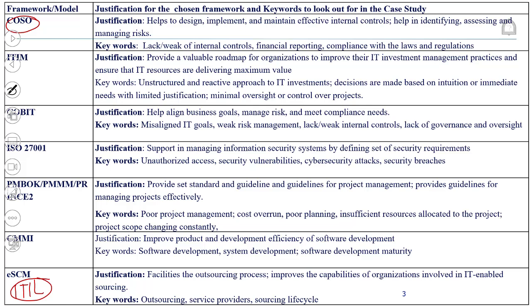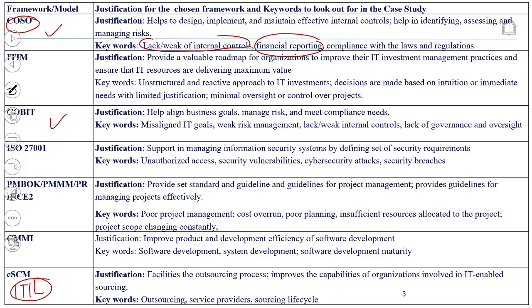For COSO, some of the things you should look out for in the case study are things like lack of internal controls, financial reporting. In fact, COSO and COBIT are very similar, except that COSO is mainly used in the financial industry.